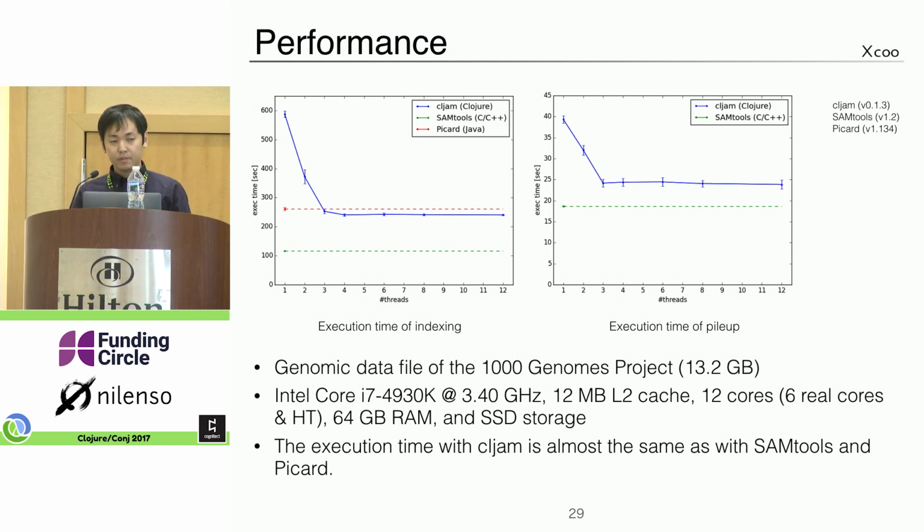From these results, the execution times for Clojure get better until 4 threads in indexing and 3 threads in pileup. The times for concurrent Clojure are near those of the other two. In indexing, it is almost the same as Picard and twice as long as SAMtools, and in pileup, 1.3 times longer than SAMtools.